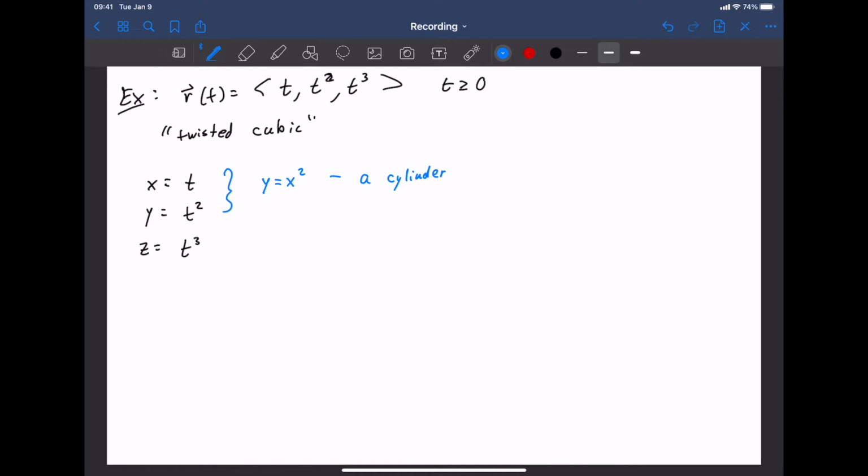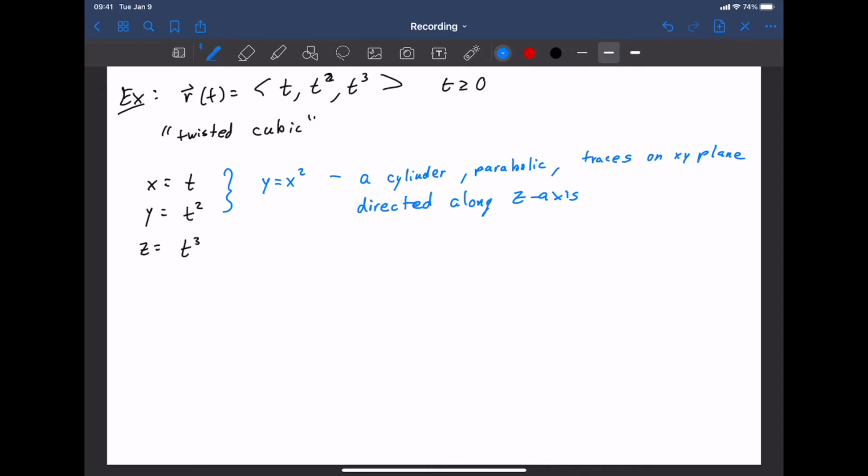What kind of cylinder? It's parabolic. The traces are on the XY plane, directed along the Z axis, the missing variable, yeah?